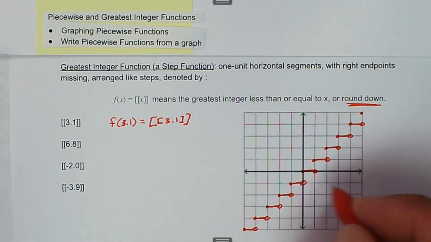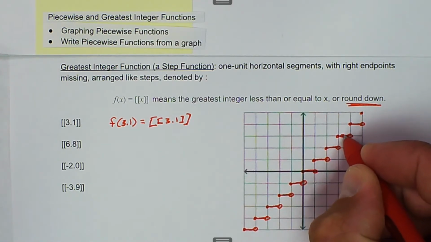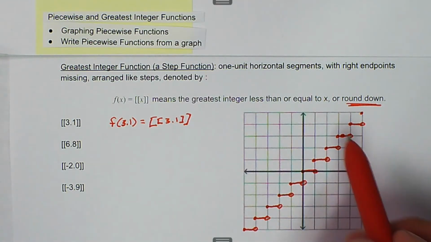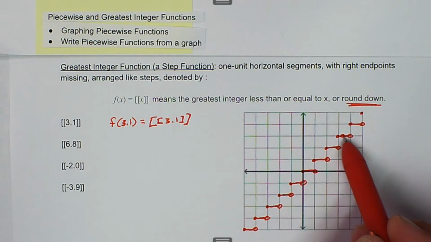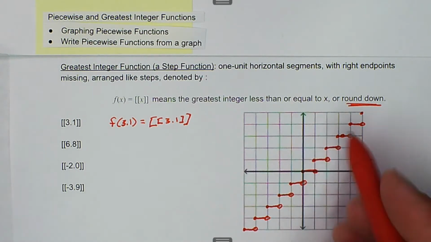So we go to 3.1 for x: 1, 2, 3.1. So there's 3.1. What is the output value when x is equal to 3.1? The output value is 3.